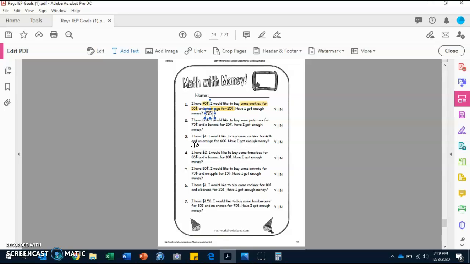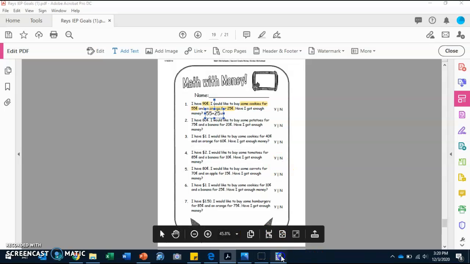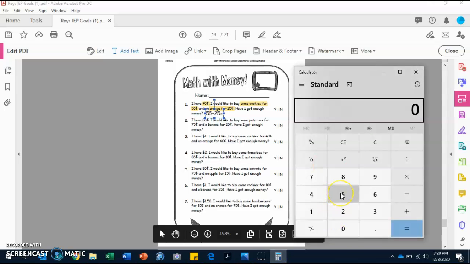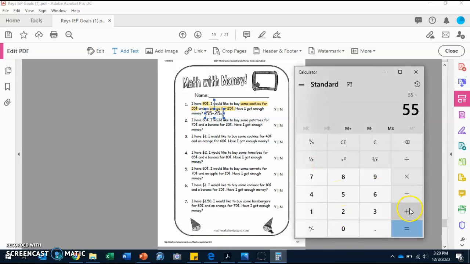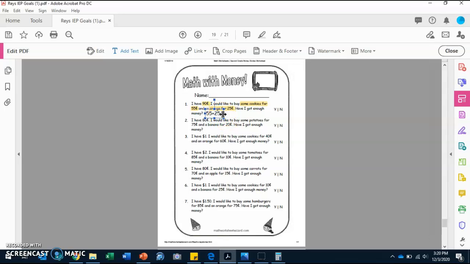So first we're going to add the 55 plus 25 cents and see how much it equals. So get out your calculator and let's put 55 plus 25 equals, and we're going to put 80 cents.